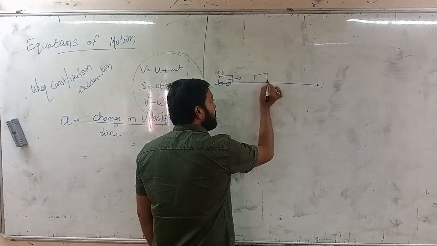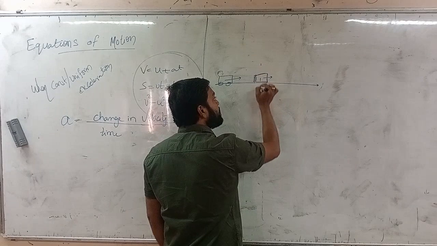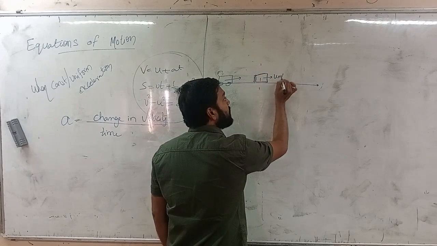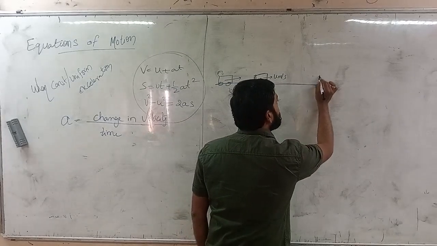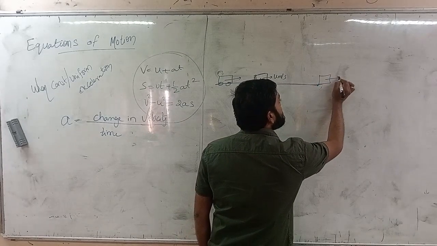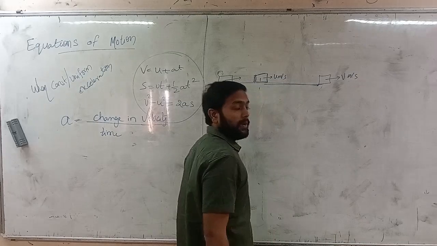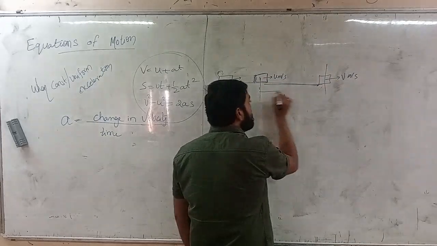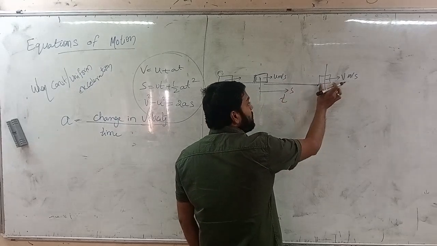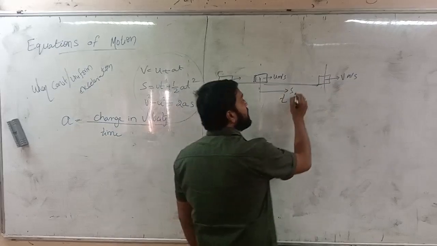At this point, the velocity of this car is u meter per second. After some time t, it went to here, and this velocity is v meter per second. From here to here, the time taken is t, and the distance between this position and this position is s.